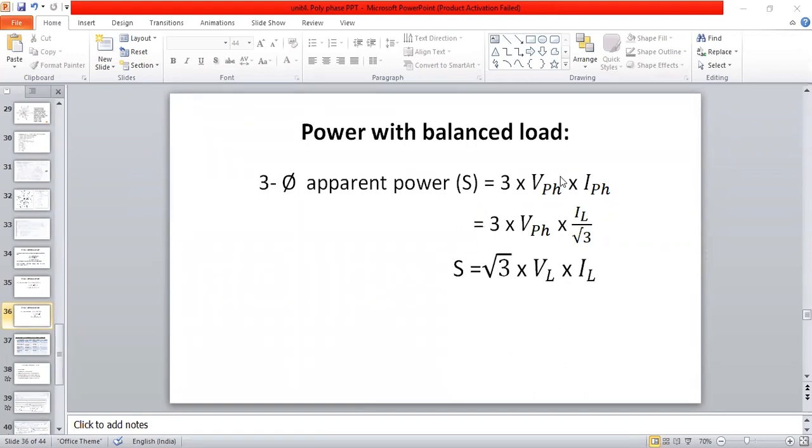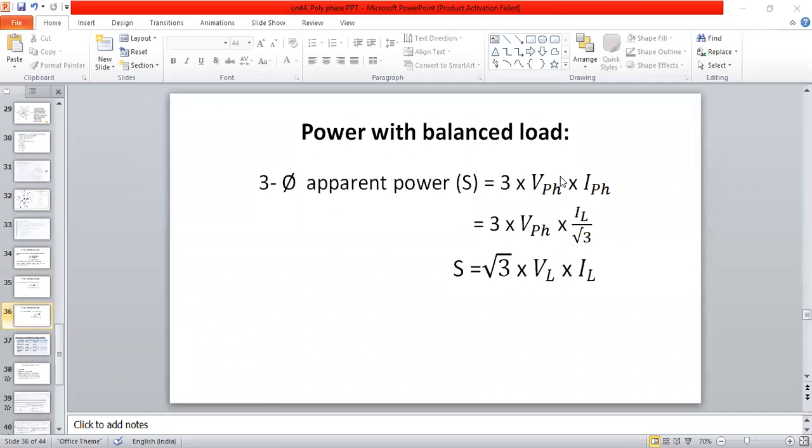IL is equal to IPH. IPH means what? IL means what? IPH means what? Line current and phase voltage.